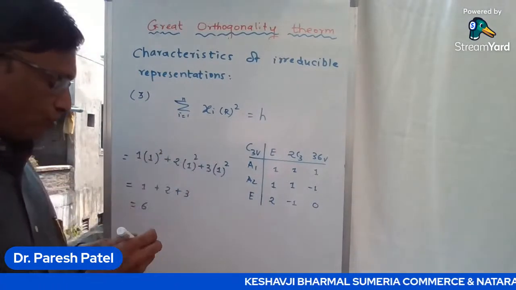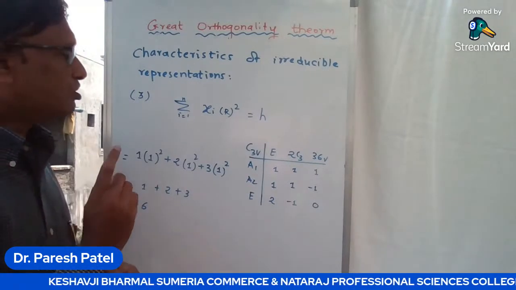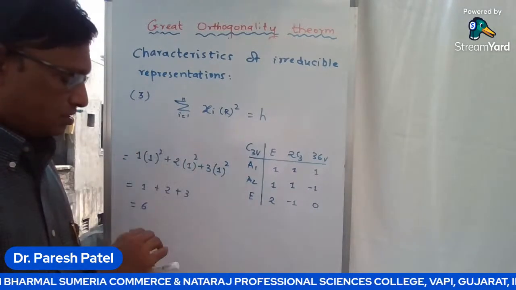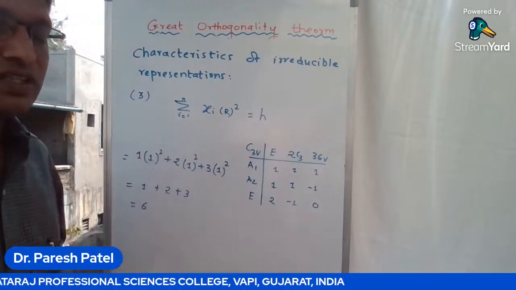So the order of a group for the C3v point group is 6. So we can represent that the sum of the square of the character is equal to the order of a group. This is the third law.